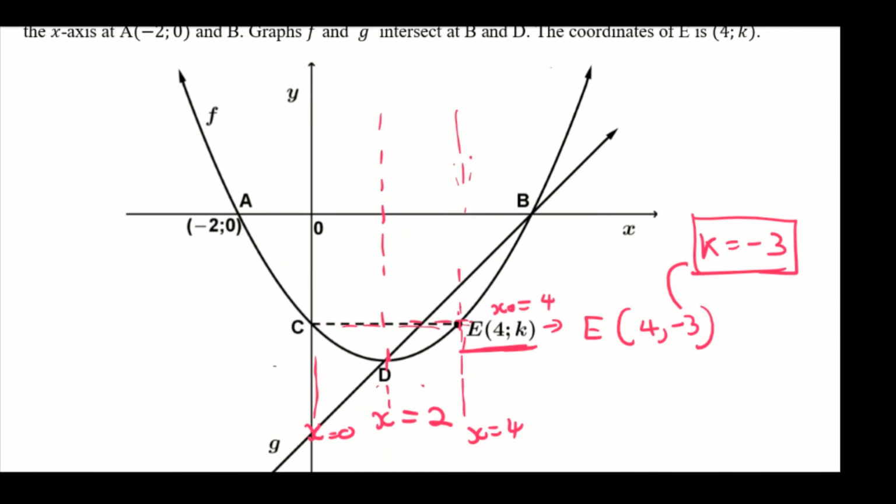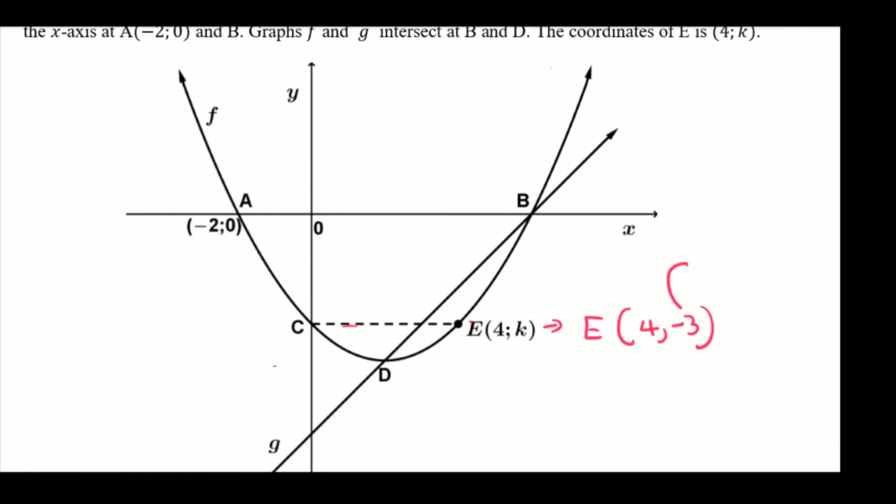So now we are to write down the equation of the tangent, right? And we are told that the gradient of the tangent and that of line of g. So this is our graph of g here.